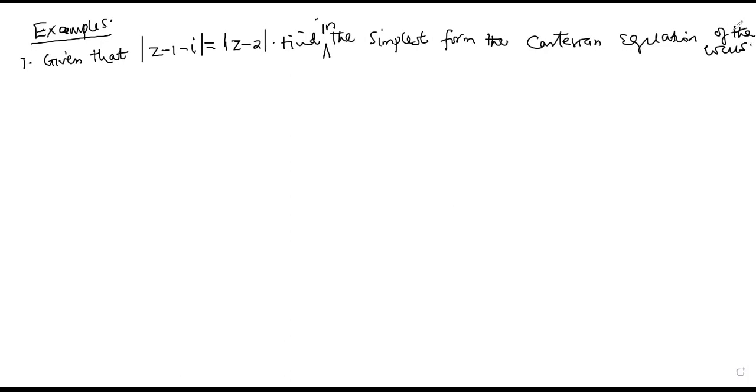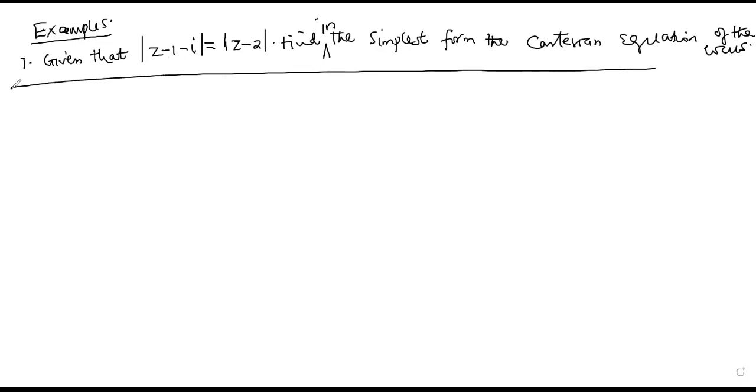So when you're given this, it is very simple in a way that we need to know what this one represents. The most important thing to do is to let z equal x plus iy, which is the general form of a complex number.